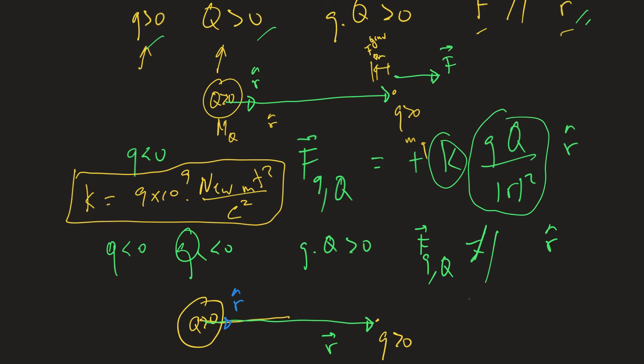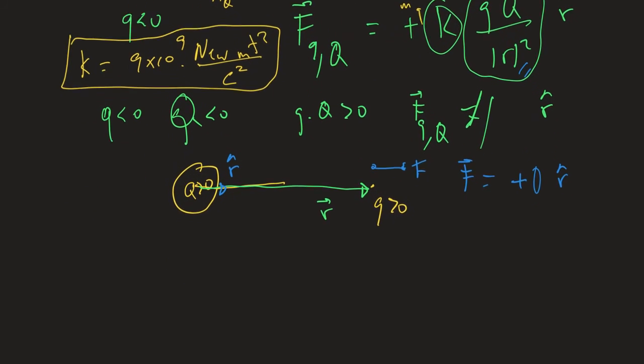And the force will be K, that is positive, times q, that is negative, multiplied by Q, that is negative, so positive, divided by something intrinsically positive, like the distance squared. So the force will be positive, in the r direction. So again, the force will be repulsive. Two charges with the same sign will repel.